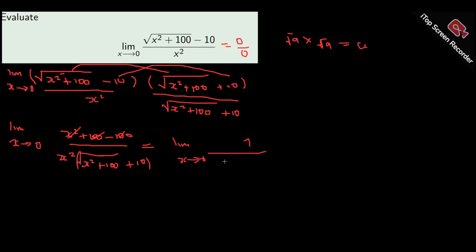They cancelled, leaving 1 in the numerator. The denominator that we have is the root of x squared plus 100 plus 10. When we substitute 0, this is going to be 0. Then the root of 100, that is 10. 10 plus 10, that is 20. Just like that. So the questions are very simple.